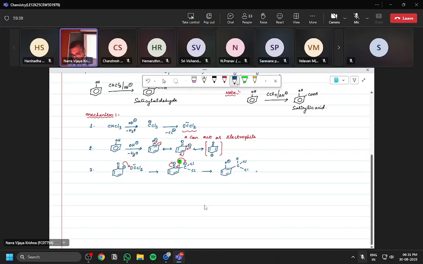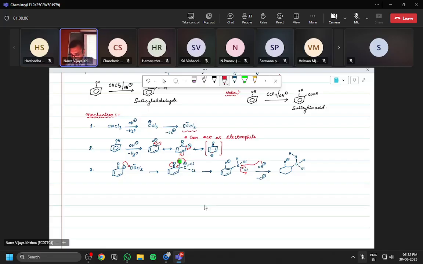So next step, base will go and attack, making this chlorine leave. So Cl minus is lost. So the product will be O minus, here C, OH, hydrogen, chlorine.